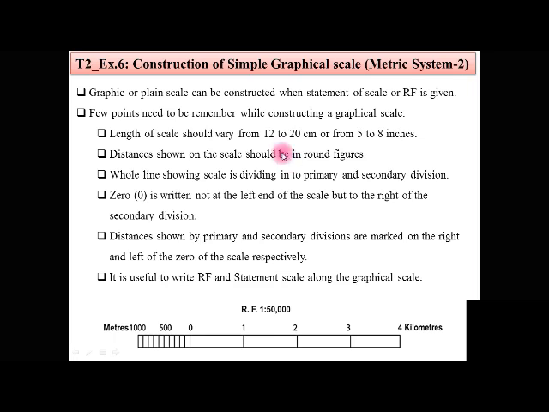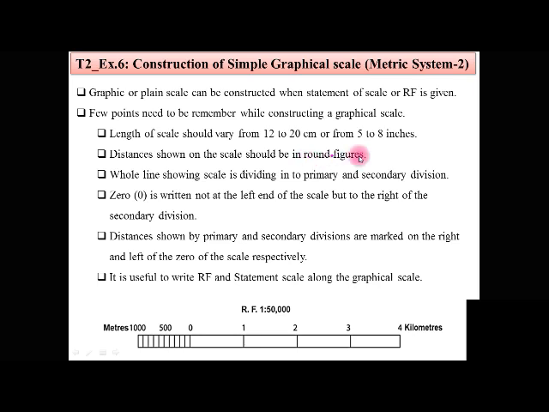So you can take any length, but after a lot of experience of cartographers, they found that if you are going to construct the graphical scale in metric system, the ideal length is between 12 to 20 centimeter. So in between, if you take, it is comfortable for any type of the graph.